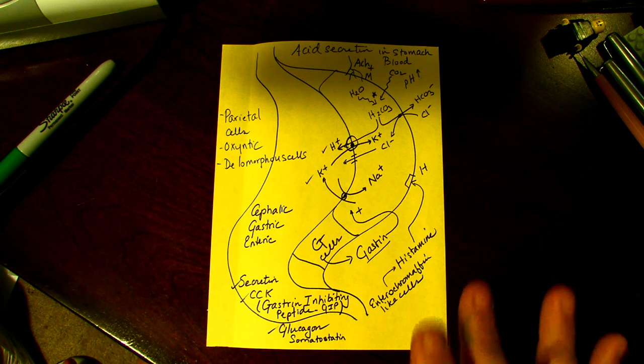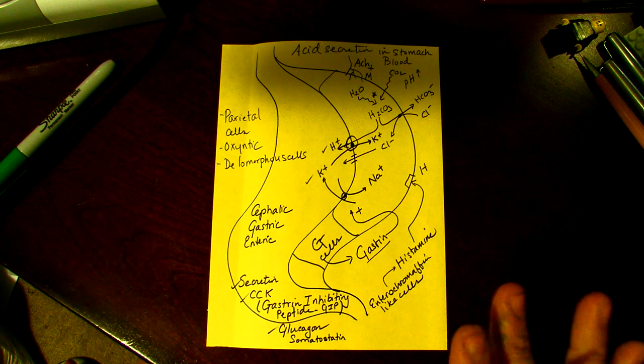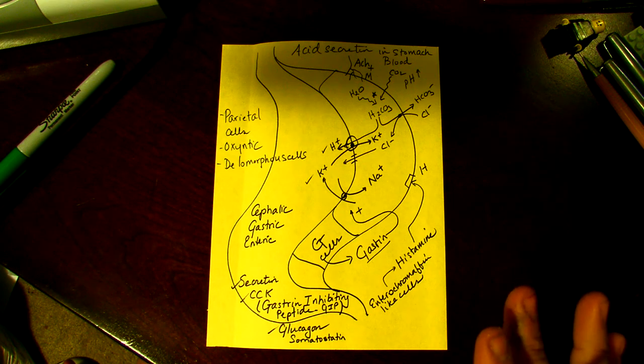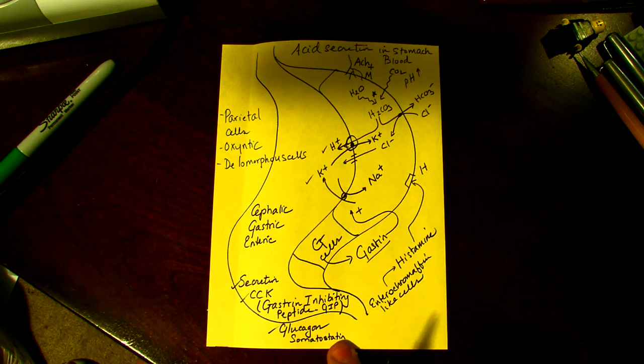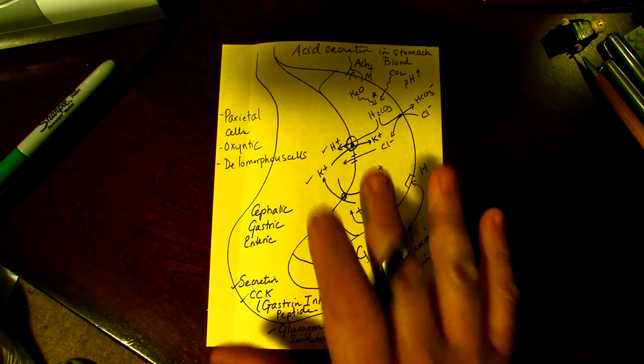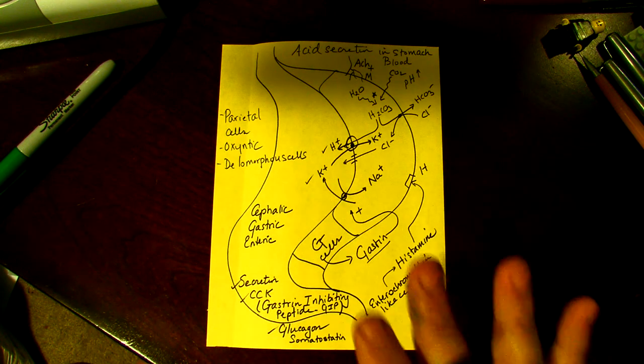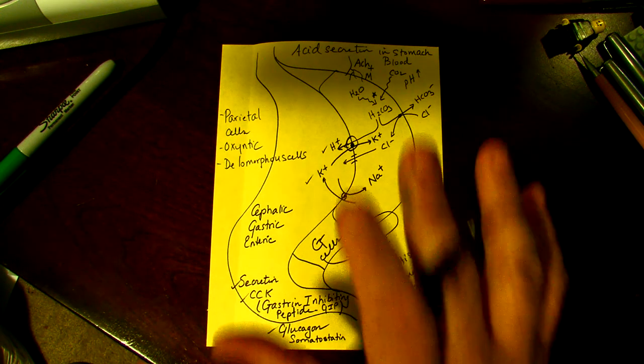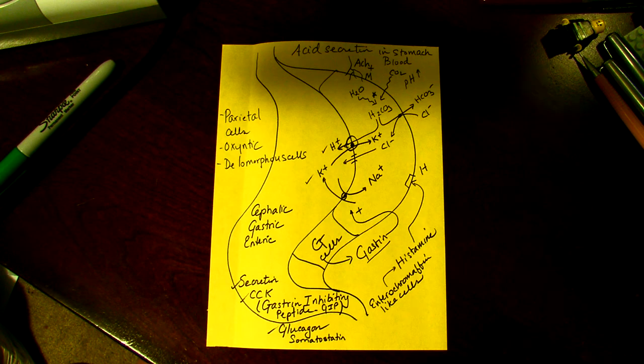There are even cells in the pancreatic islets called D cells. They also seem to produce this hormone called somatostatin, which has an inhibitory action on gastrin production, and therefore an inhibitory action on acid secretion.